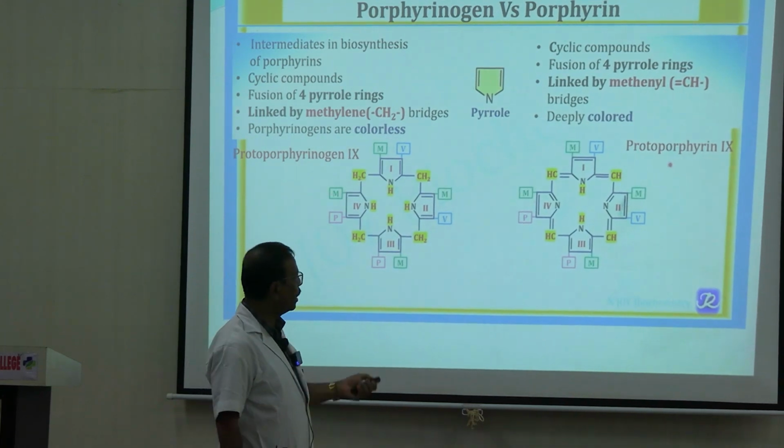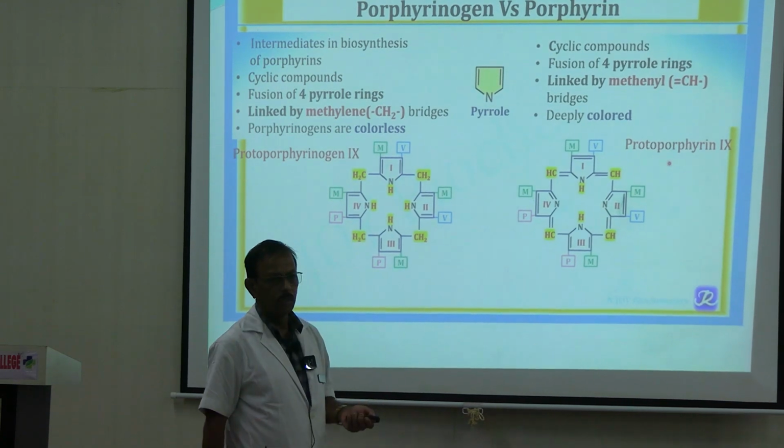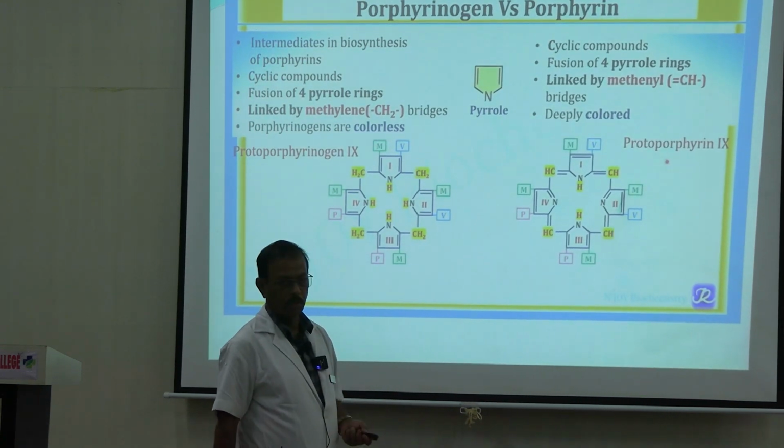They are deeply colored, and the porphyrin which is present in heme is called protoporphyrin 9.